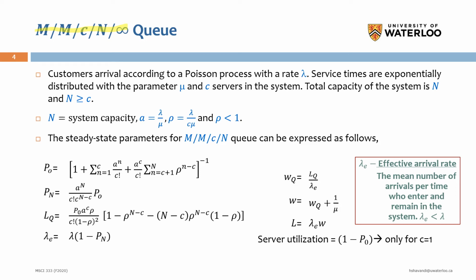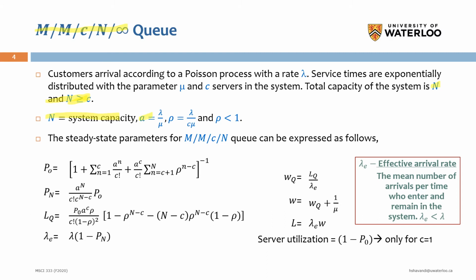And we have C servers here, and we assume that the system has a limited capacity of N. So at most N customers can be in the system at the same time, and the calling population is assumed to be infinite. The only difference compared to the previous model is that we have a limited capacity N, and we assume that N is greater than or equal to C, the number of servers. So N here is the system capacity.